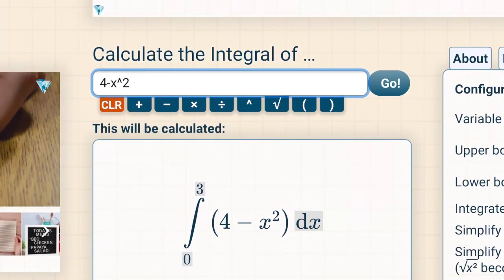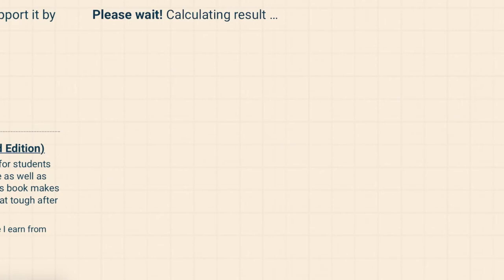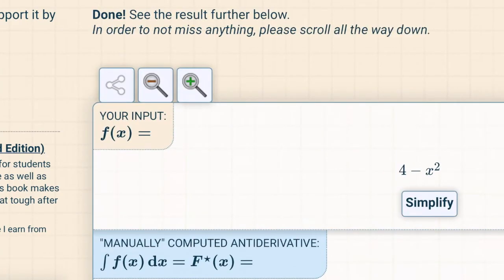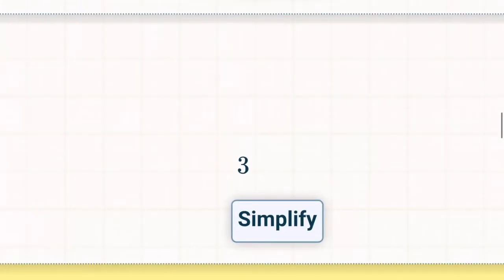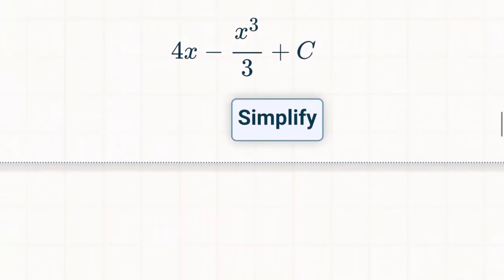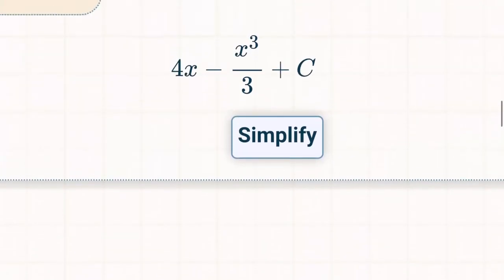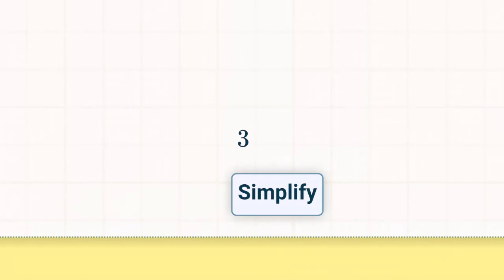So now you have 4 minus x squared from 0 to 3. Just hit go. Let the calculator do the work. And you get the value of 3. So it found the antiderivative for you. It's going to ignore plus c because this is a definite integral, not an indefinite one. And we get the value 3.